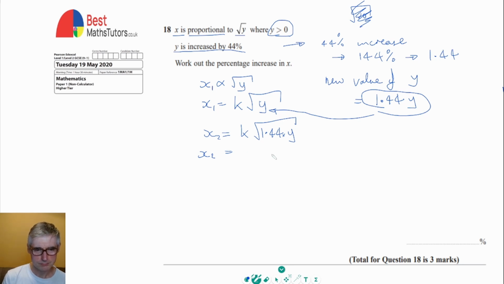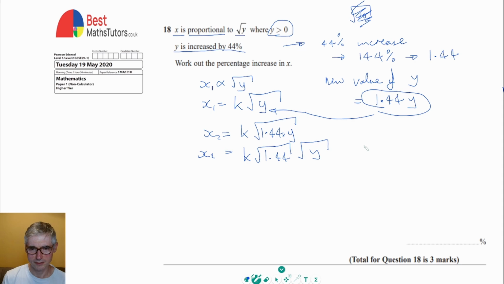So I can say that now is equal to k times the root of 1.44, and I can separate it, so times the root of y. So that's a very useful rule we've got there. What's in the root symbol can be split into two there.